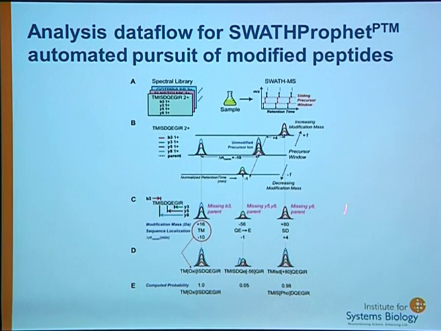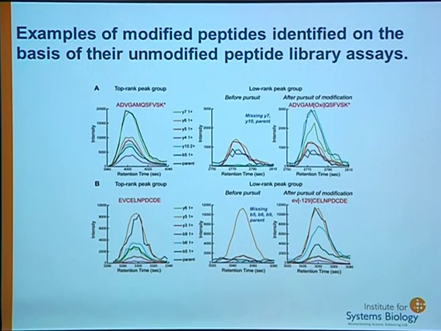Or you might get, in a different window, even larger modifications, such as phosphorylation. This one here, I have to see. Yeah, so this is an example that we have. We validated that approach using the dirty peptides, or the synthetic peptides that we had.